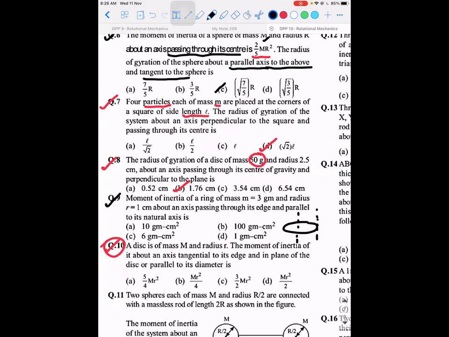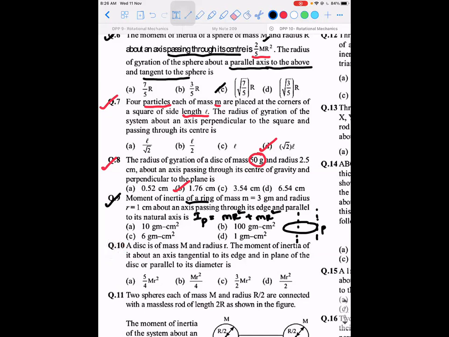So which theorem will you apply? Parallel axis theorem. Just tell me the value, calculation you can do it later. If I say this point is P, IP will be equal to moment of inertia about center of mass. So what kind of a material is this? It's a ring. So it is mr square plus m/r square. That's it. So 2 times mr square is the answer for this question.